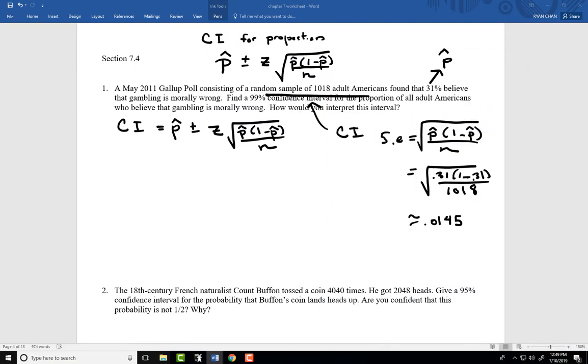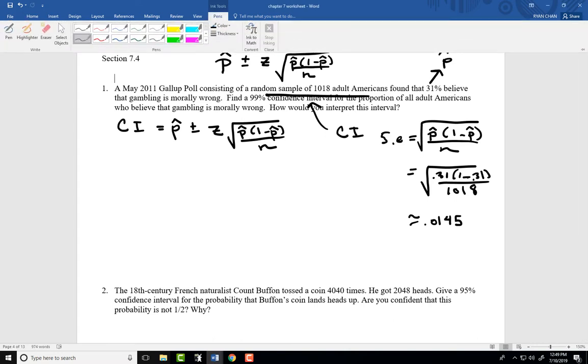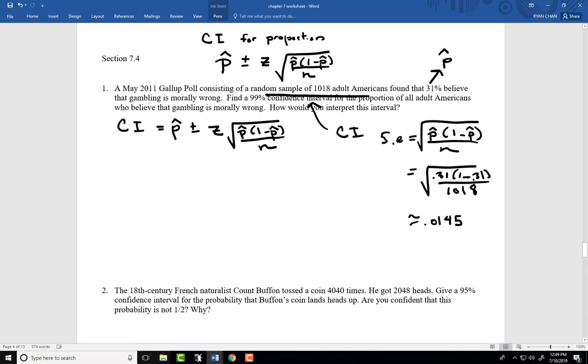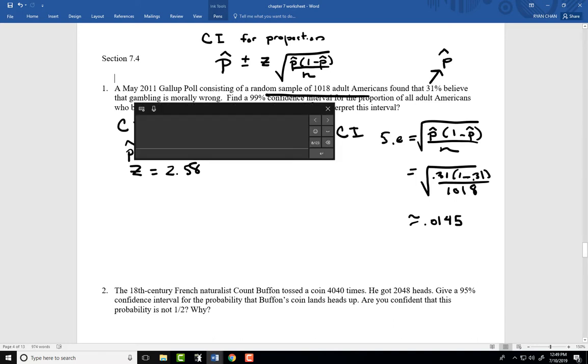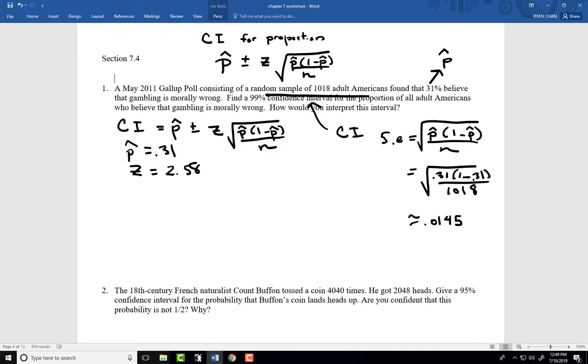So this is what we're going to do. We know that z is equal to 2.58. So I have everything: p hat is 0.31, z is equal to 2.58, and my standard error is 0.0145.